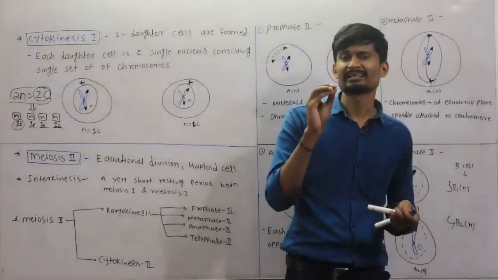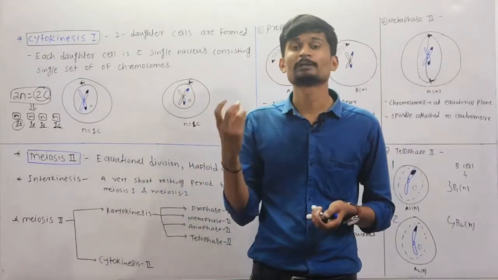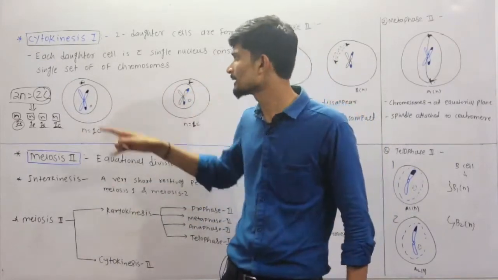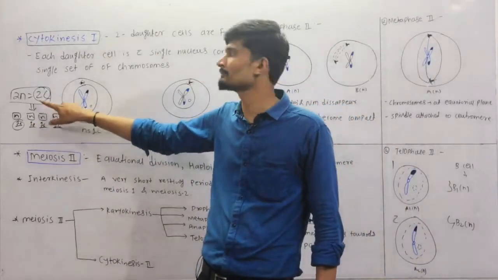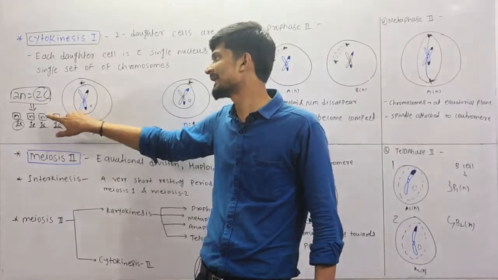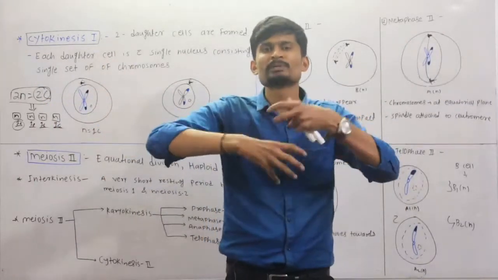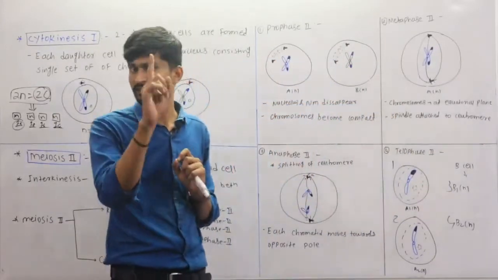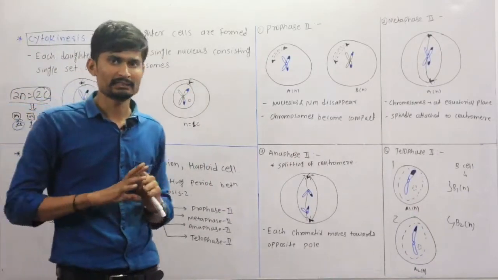daughter cells are exactly similar to each other, and they are exact copies of their parents, because there is no exchange of material. But in meiosis, these daughter cells are not exactly similar to the parent cell. They have variation, they have different characteristics because of the mixing of the genetic material, exchange of material in prophase first, due to the leptotene, zygotene, pachytene, diplotene and diakinesis stages.